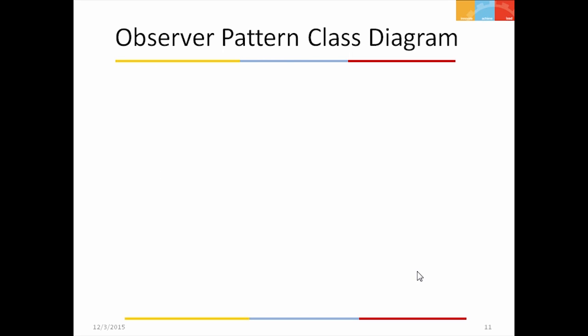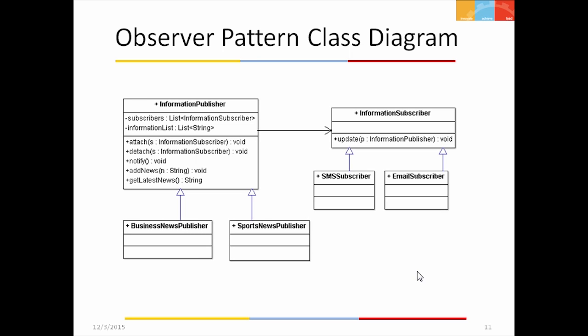Let's look at the class diagram. Here the example is basically a news or information publisher example. This information publisher class has a list of subscribers. So it maintains a list of information subscribers. I'm talking about this particular class here.